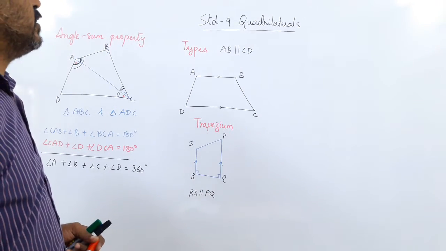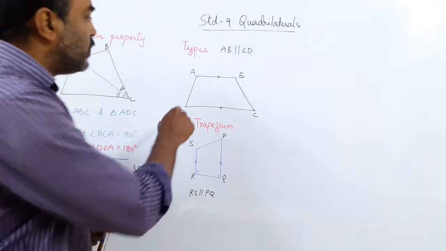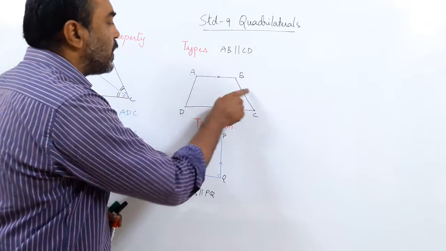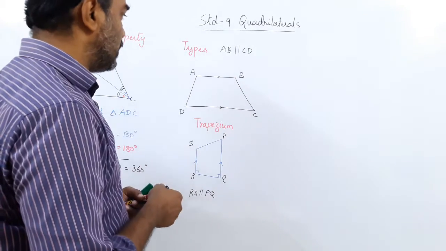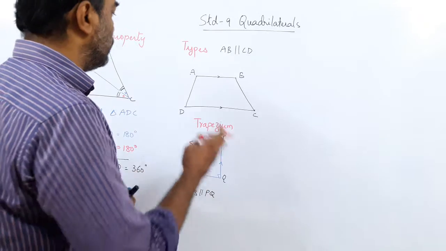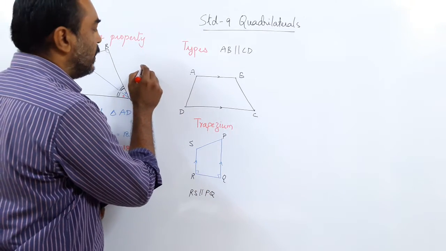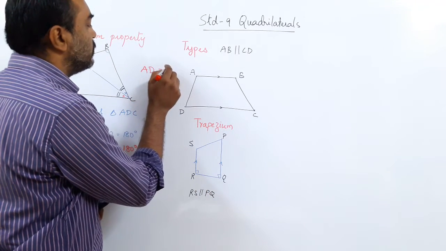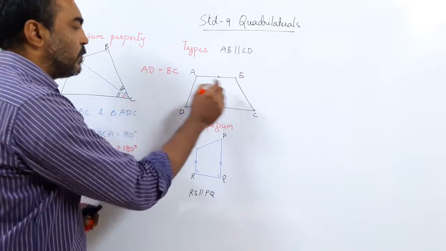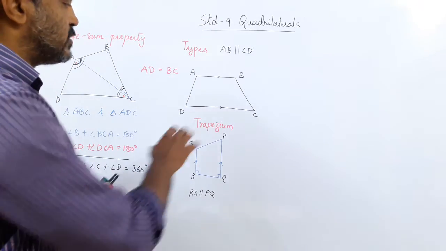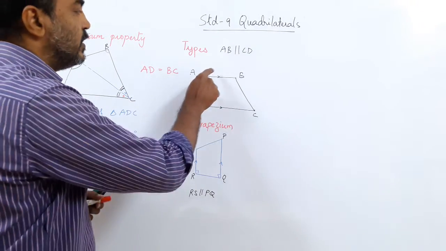Now what is the special condition? If in this trapezium the non-parallel sides are equal, meaning AD equal to BC. Okay, so this is a trapezium, no doubt. So there are simple trapeziums. What is a trapezium? One in which one pair of opposite sides is parallel.